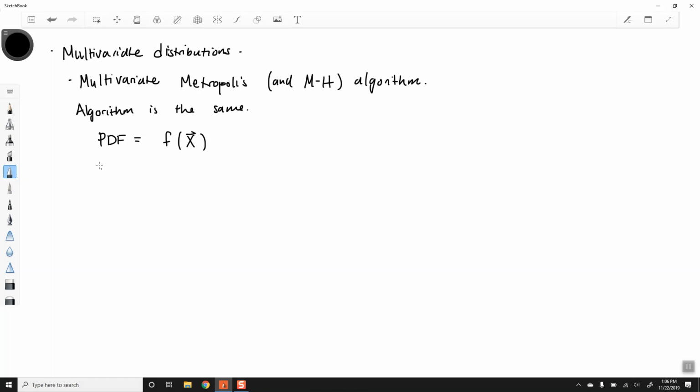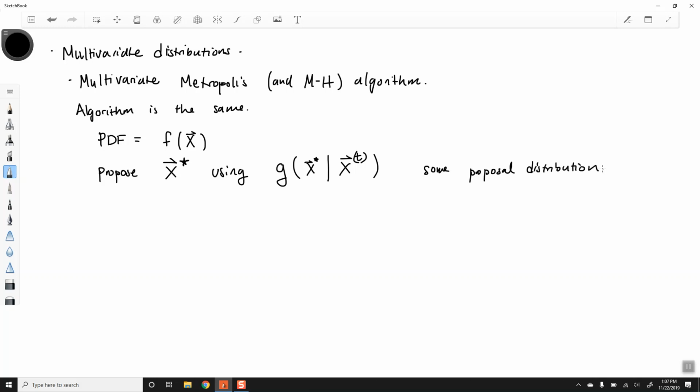Then you propose x star using g of x star given your current value of x. So you've got some proposal distribution, but this time it proposes a multivariate x.